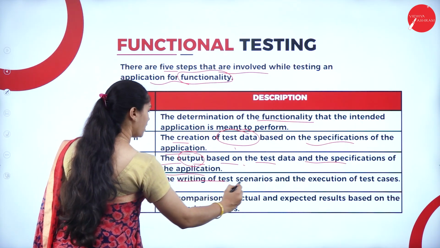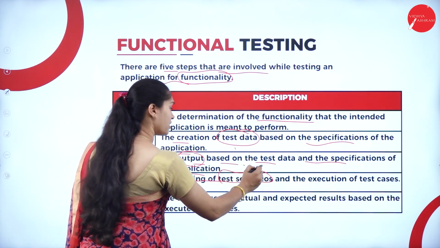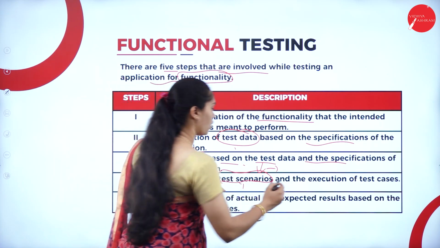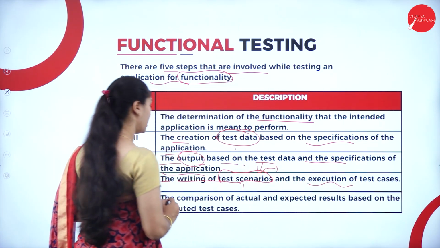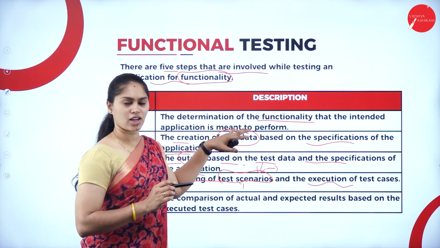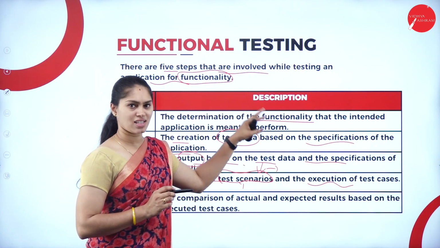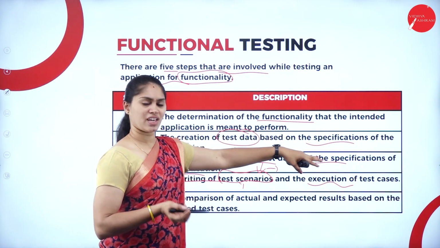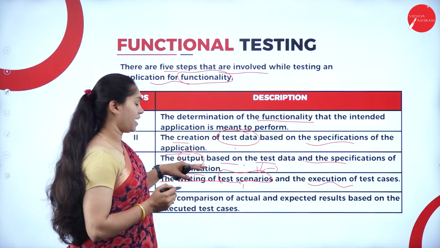Then the writing of test scenarios. Based on this test data, we write the test scenarios along with the execution of the test cases. So here I have to check what functionality or specification we have, and by making use of this test data and specification as an input, I will get the output.